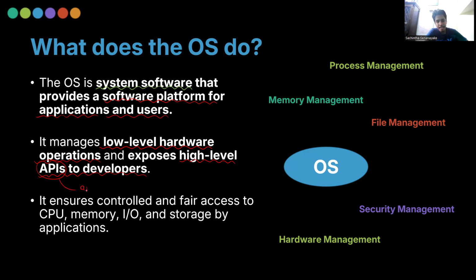API stands for Application Programming Interface, right? So the operating system provides an interface for developers to program the so-called underlying hardware features like the RAM and the CPU and whatnot.